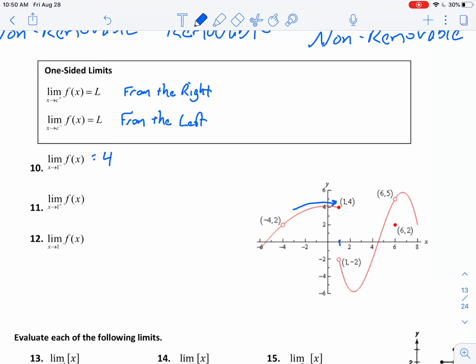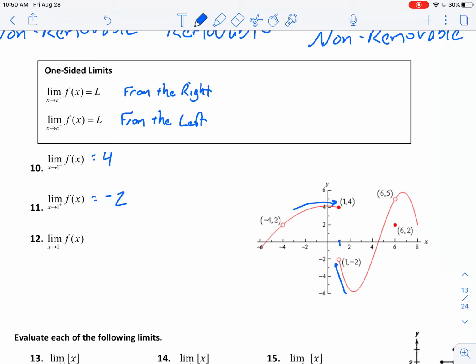And number 11, the limit as x approaches 1 with the little plus sign means from the right. So as I get closer and closer to x equals 1 from the right-hand side, the y value that I approach is -2. Even though there's not a dot there at -2, I'm approaching that y value.